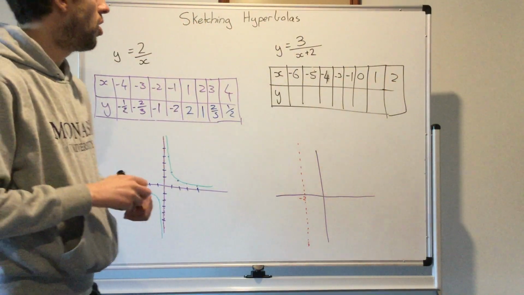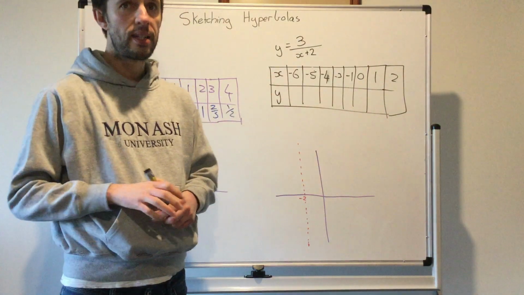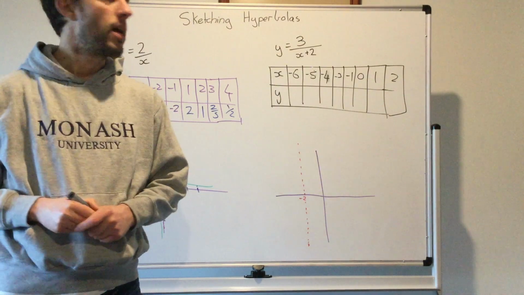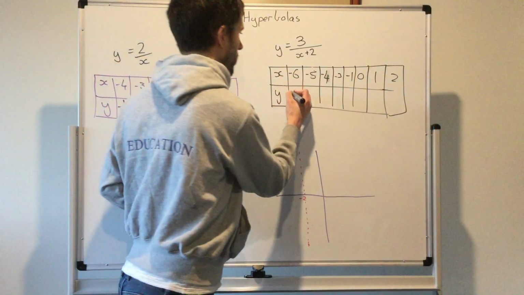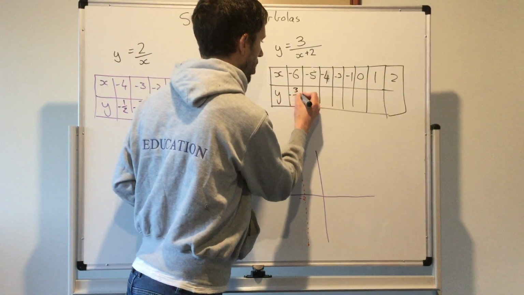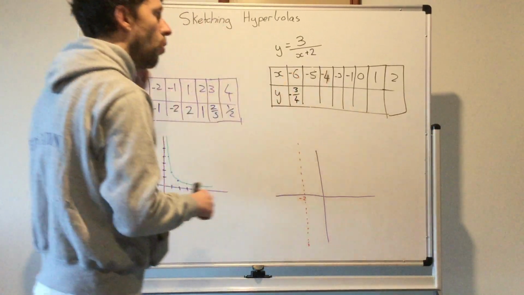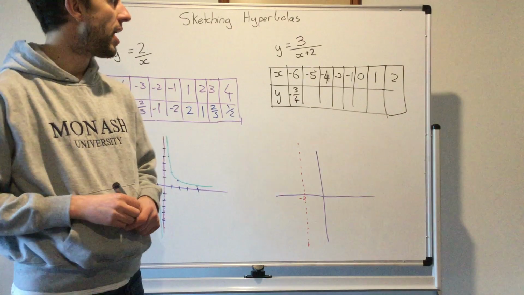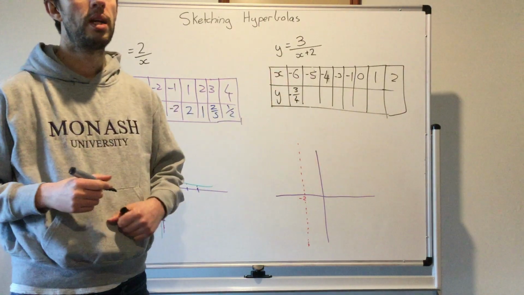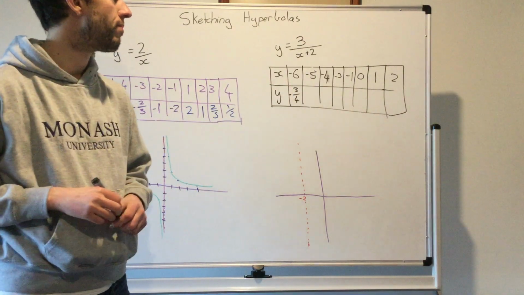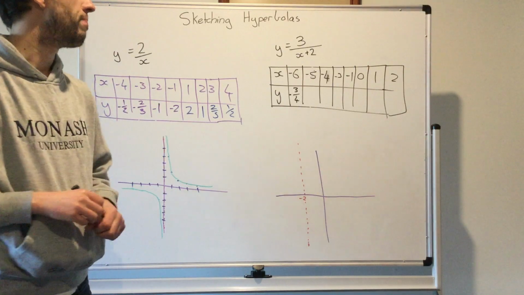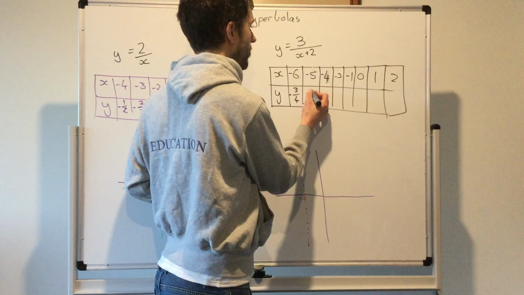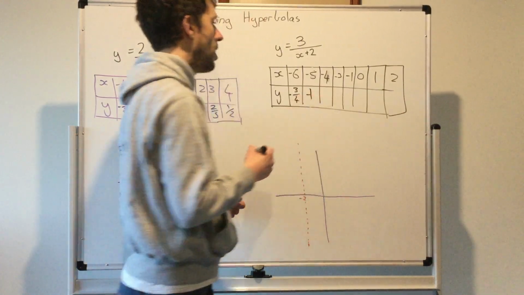So let's have a go with this. When x is -6, -6 plus 2 is -4, so it becomes -3/4. When x is -5, -5 plus 2 is -3. 3 divided by -3 is -1.